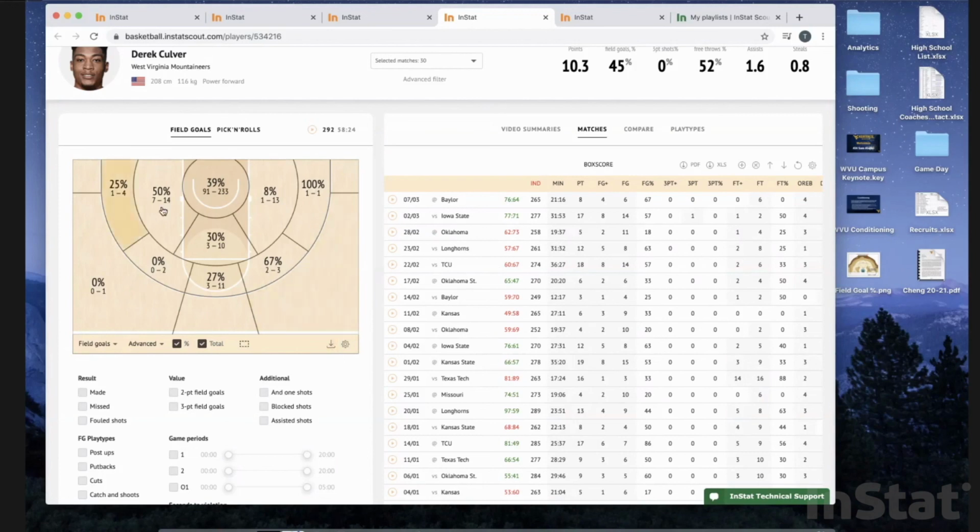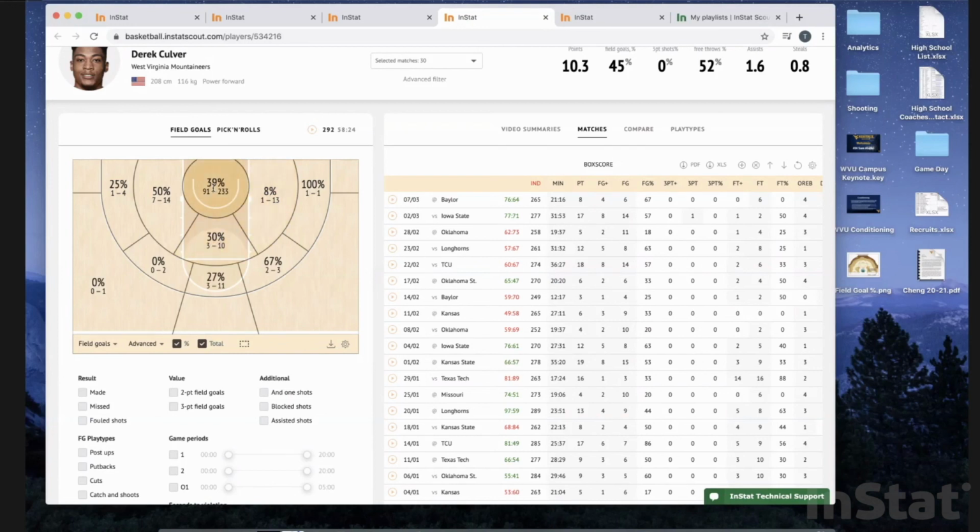Right off the bat, you can see that Derek's 50% from this little mid-range short corner on the left side, and he's only 8% on the right short corner. So we know that he needs to improve his mid-range game from the top and the wing, just because it's 4 for 23.